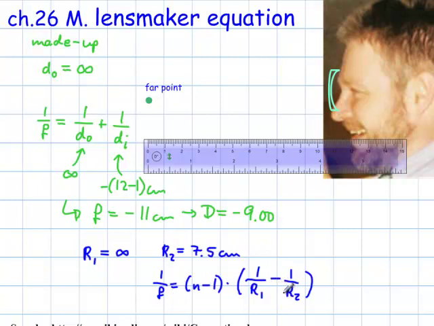So if the other side has a convex side as well, then that convex one would have to be negative. In any case, what I do have is a concave side, and that will make this one here positive. So this one here would be 7.5 centimeters, and this one here would be kind of infinity.